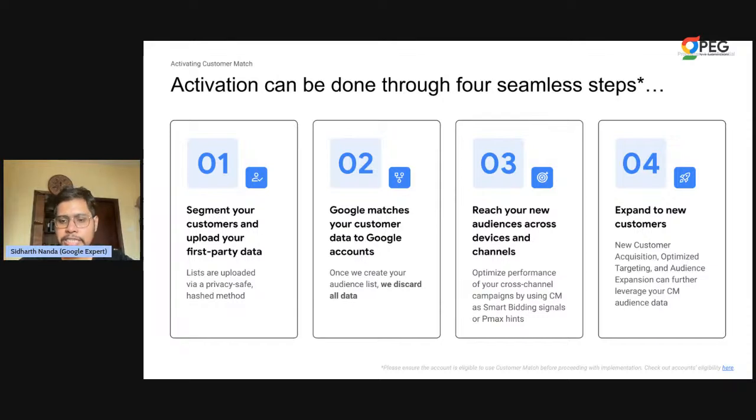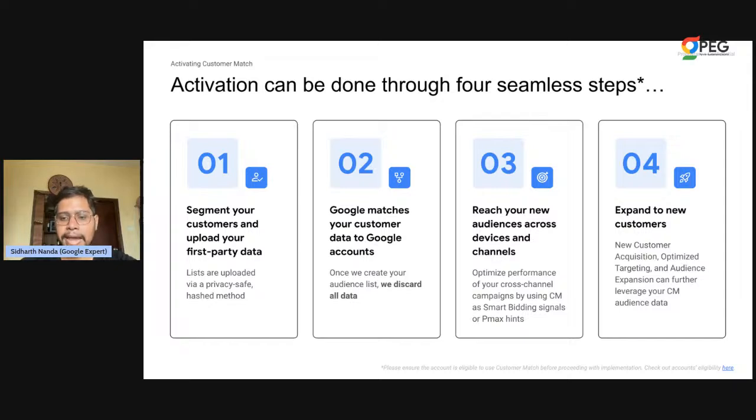Now, the activation of customer match is usually broken up into four distinct steps. There's ingestion, matching, optimization, and expansion. First step, ingesting the customer match data involves transferring your segment or customer data into Google as your first party data.